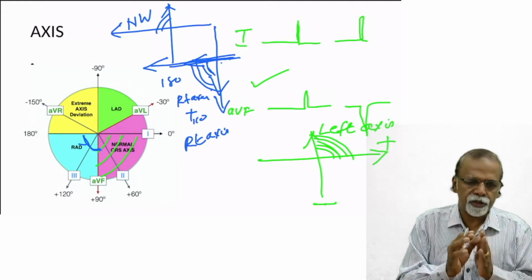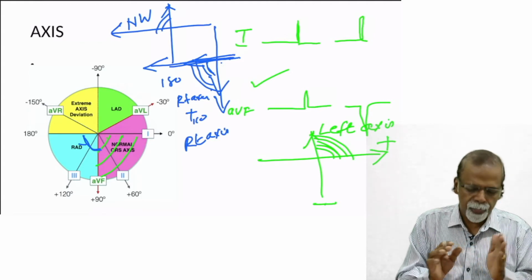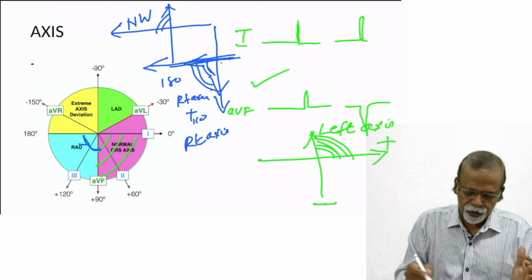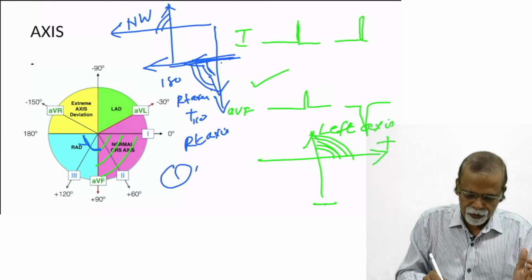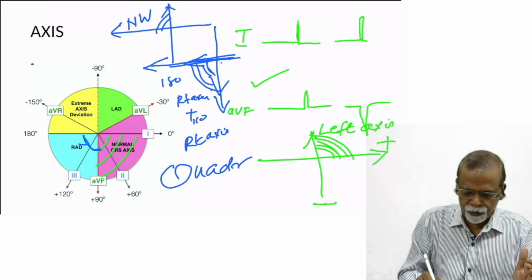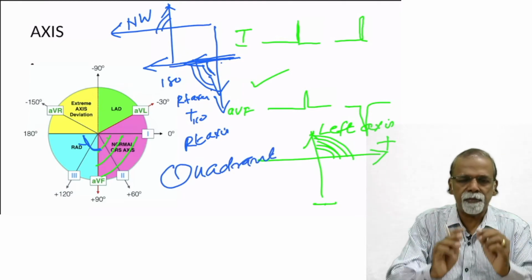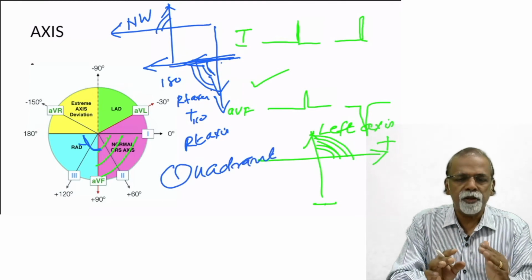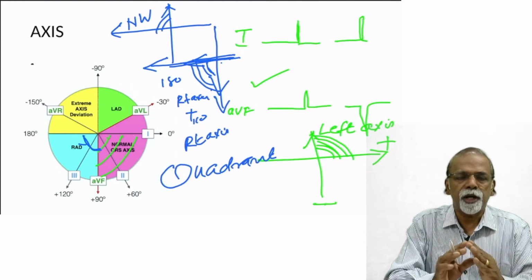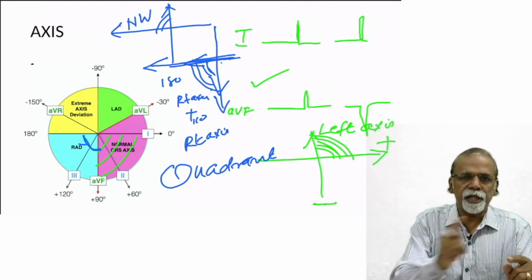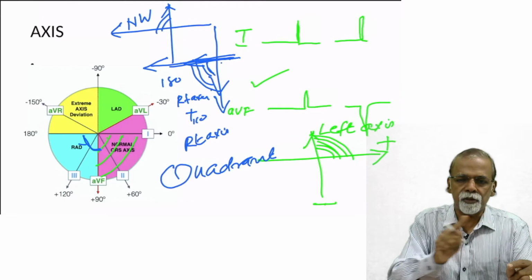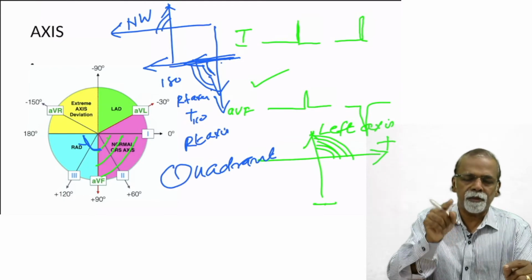Just for the sake of understanding the axis, this is called the quadrant approach. It's very simple. You need only two leads, lead 1 and AVF. Lead 1 positive, the current is going in this direction. AVF positive, the current is going in this direction.